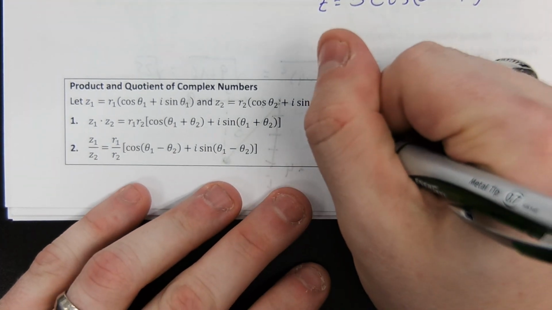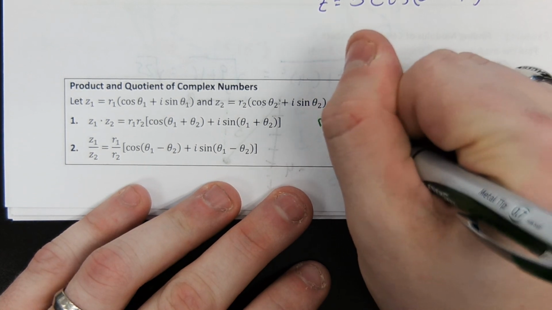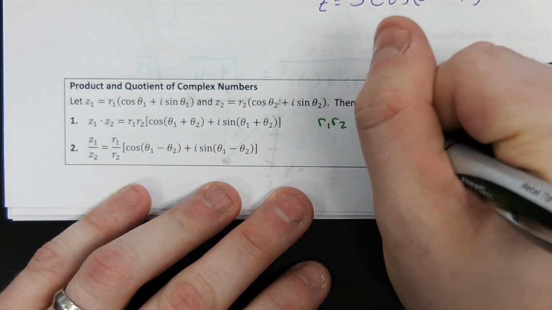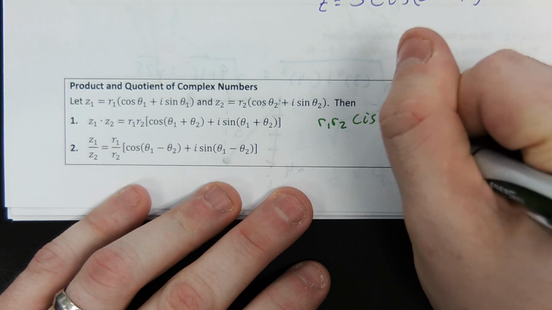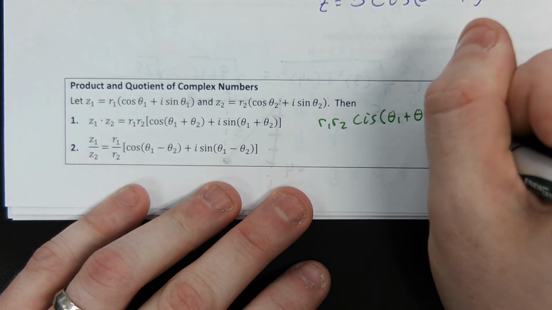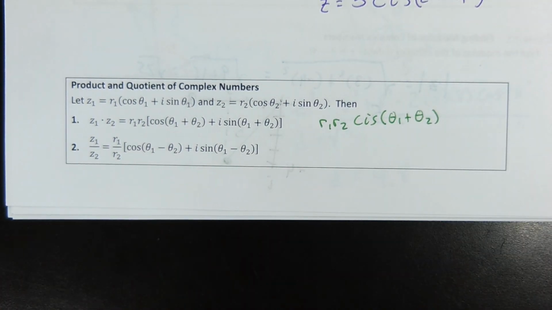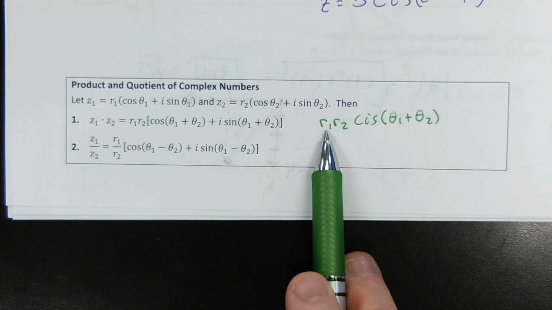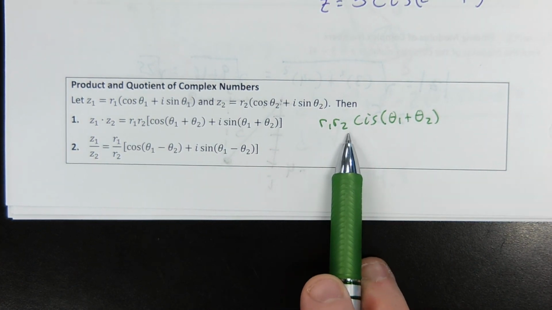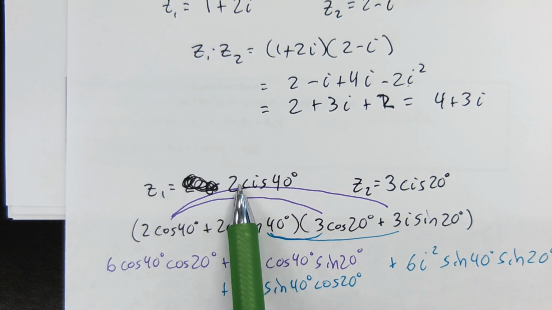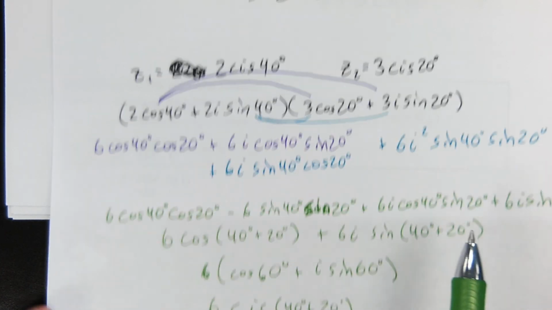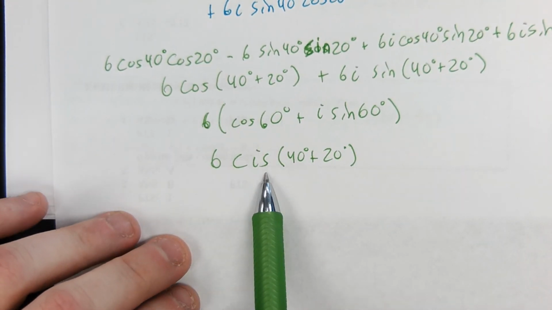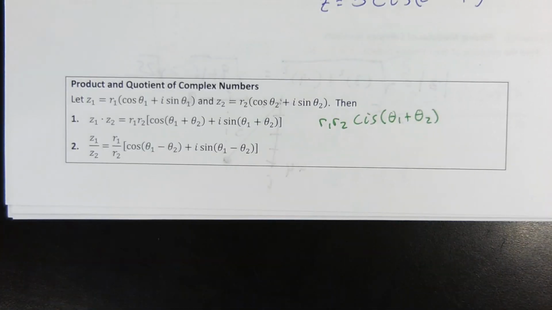Even prettier is r1 r2 CIS theta 1 plus theta 2. Look, my two radii were 2 and 3. r1 r2 CIS theta 1 plus theta 2.